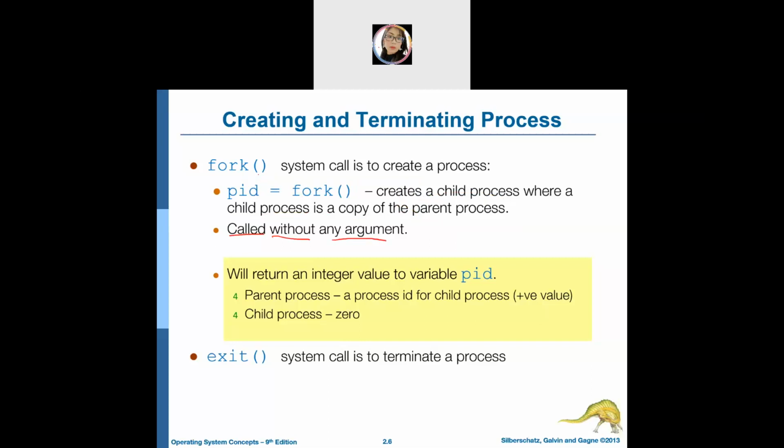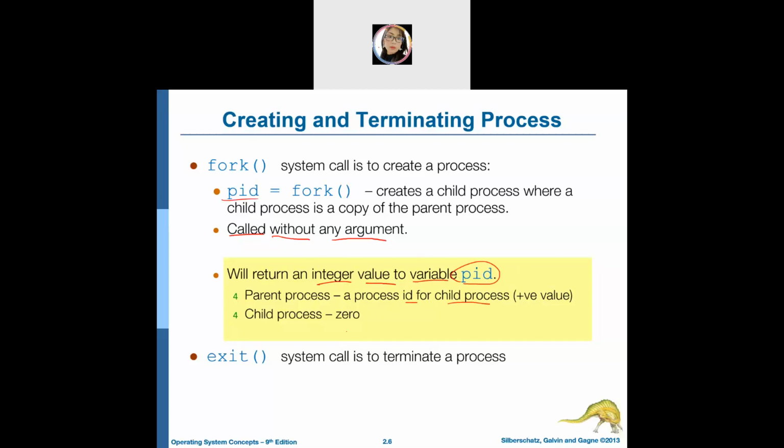Fork will return an integer value to the variable PID. So the parent process, which calls fork, normally gets the process ID of the child process.